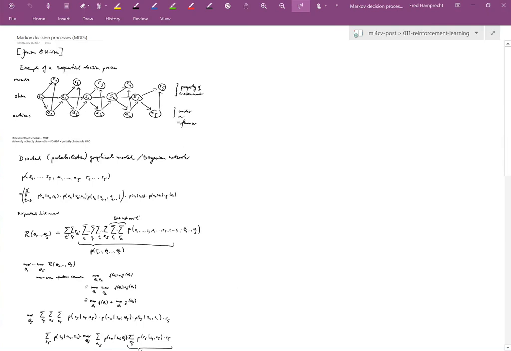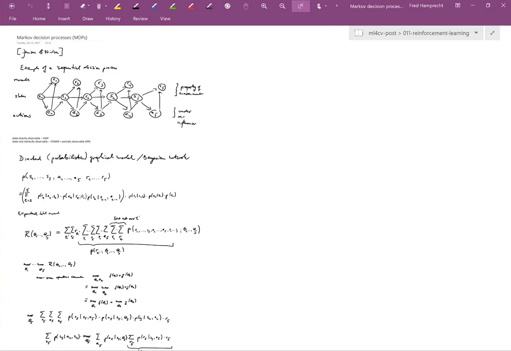Yeah, go ahead. The only thing we know, like what we had here, is that we know only the previous state we were in. Do we make decisions according to only the knowledge of the previous state?